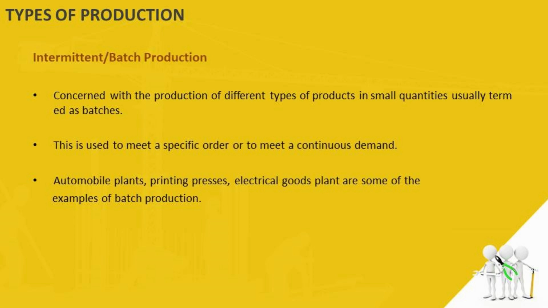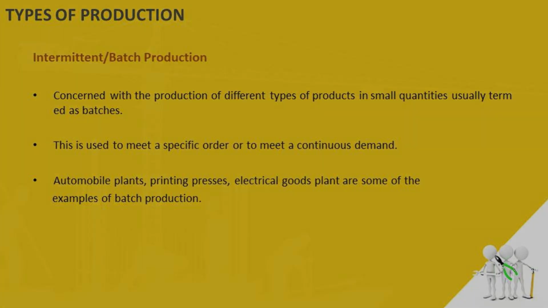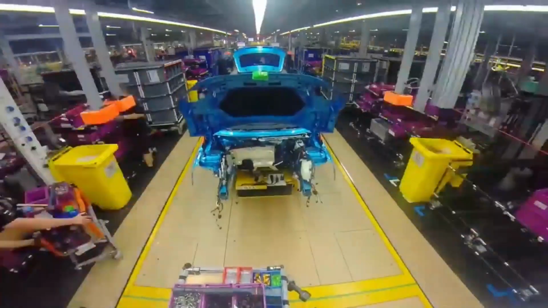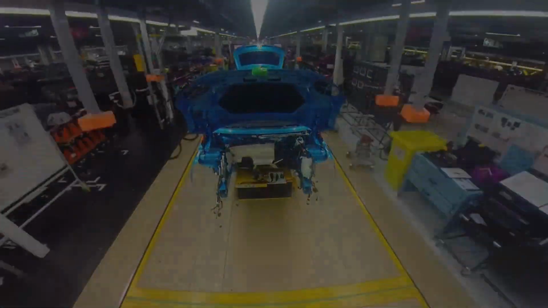Under this kind of system, the goods may be produced partly for inventory and partly for customers' orders. For example, components are made for inventory but they are combined differently for different customers. The best examples for batch production would be automobile plants, printing presses, and electrical goods plants.